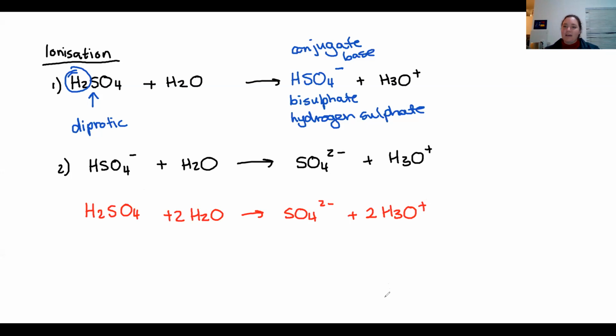So that is our ionization. For any ionization reaction, just remember it's acid plus water gives you your conjugate base plus hydronium, and all that's happened is an H has gone and a plus has gone. If this started off as a minus and I lose another plus, it becomes 2 minus. That's how we often work out the charges on our conjugate bases. So that is an idea as to how ionization works.